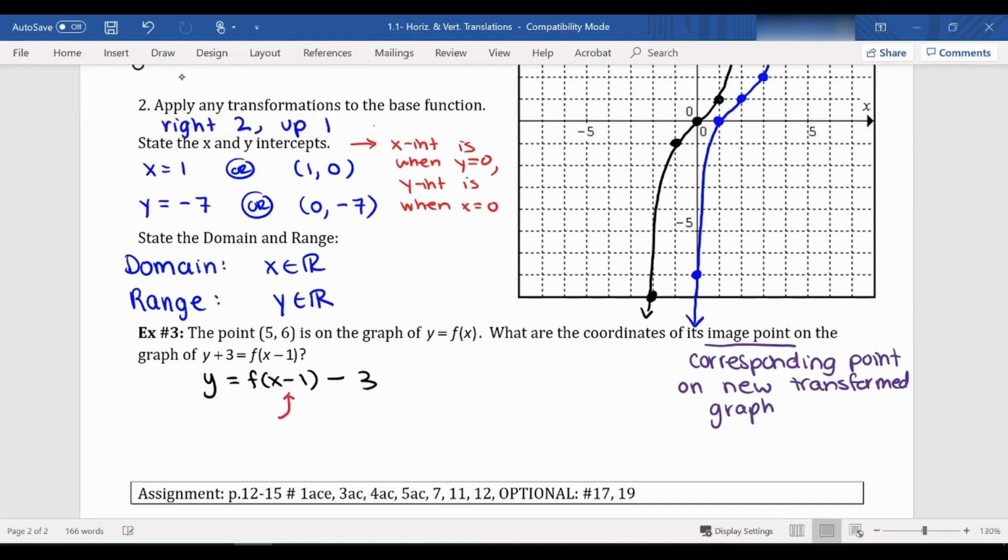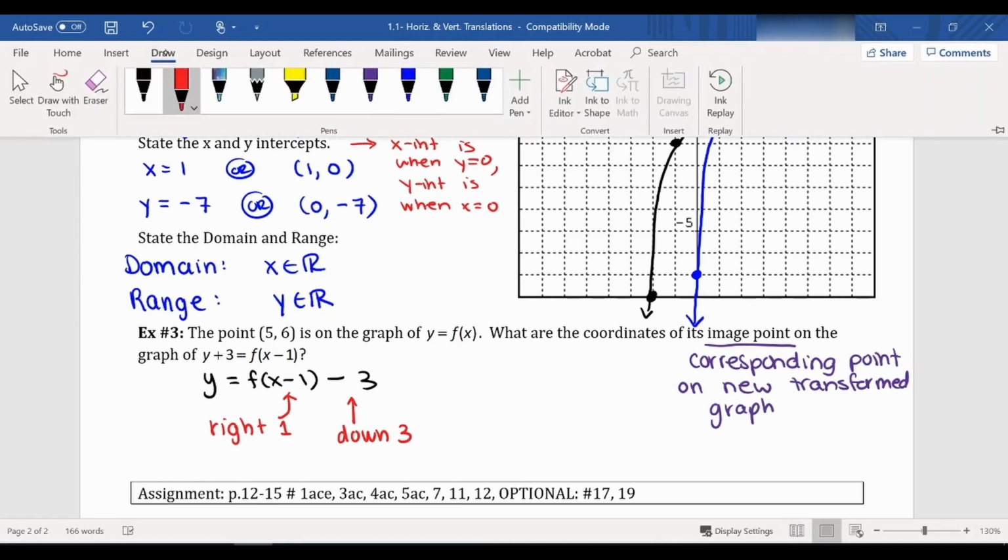And we see that we've got a -1 inside the function with the x. This is going to be moving right 1. This means that our x values all have added 1 to them as we've moved to the right. Okay. The -3 at the end means we are going to move down 3.